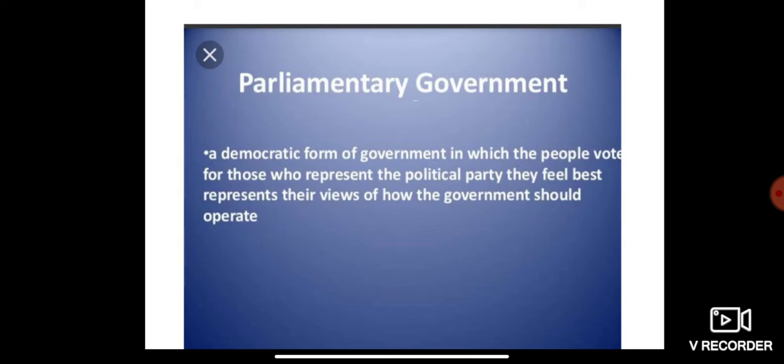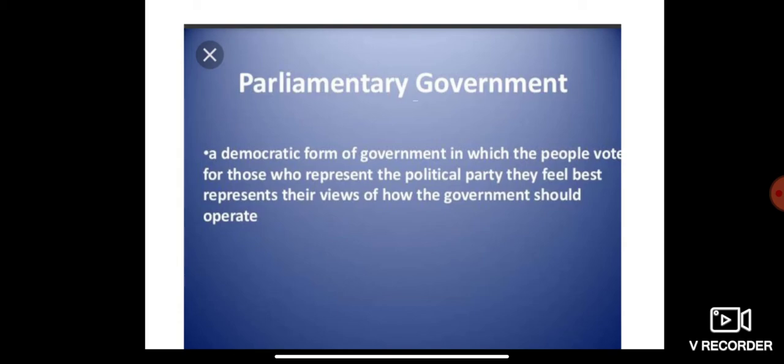A democratic form of government in which the people vote for those who represent the political party they feel best represents their views of how the government should operate is known as parliamentary government. In parliamentary government, we vote for our representatives to speak for our rights.